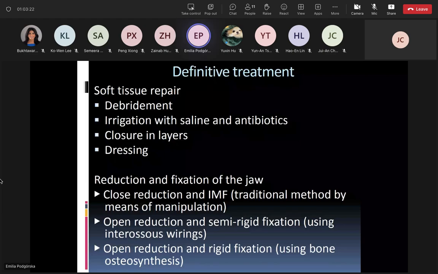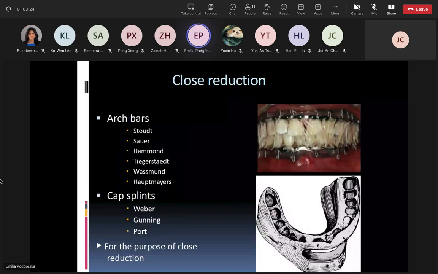Planning is done for the purpose of closed reduction.